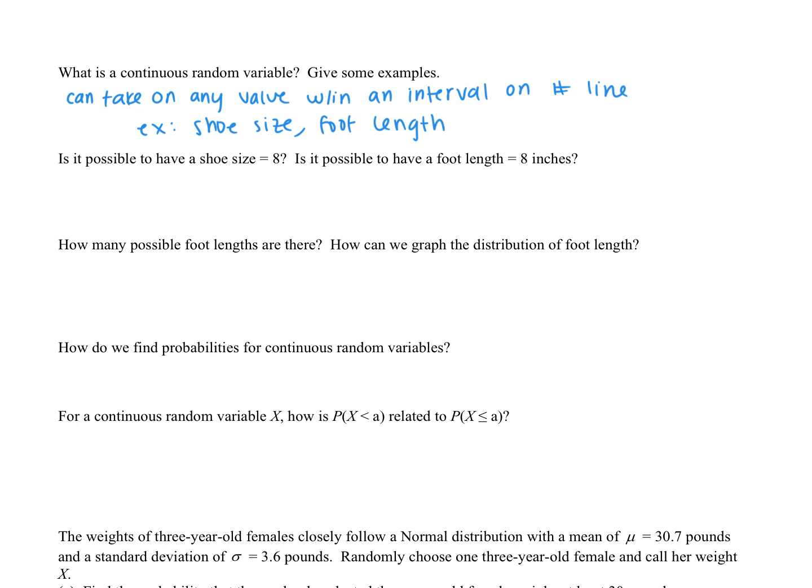Now, shoe size, we said you could be an 8, you could be an 8.5. Your shoe size cannot be an 8.7 though. So shoe size, we said, is discrete. Foot length, though, can be anywhere between 1 inch and 40 inches. That's continuous, not 1 and 40, but a reasonable interval.